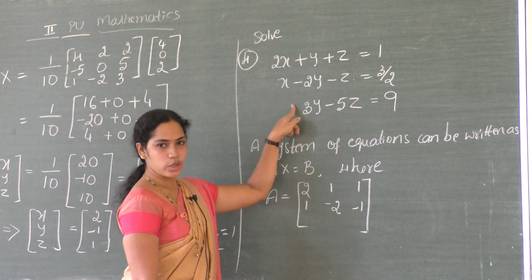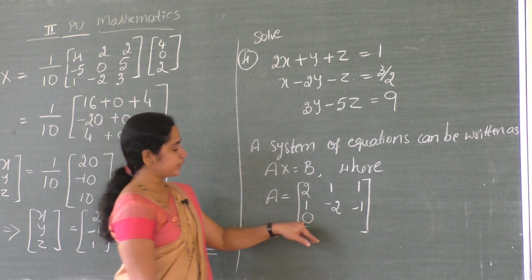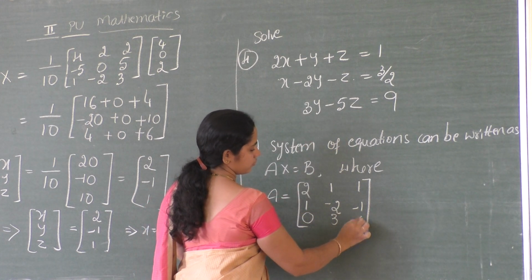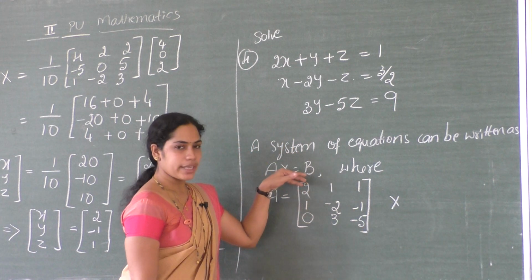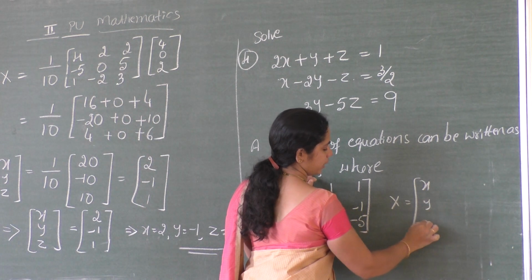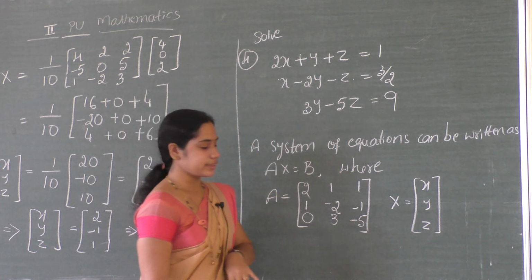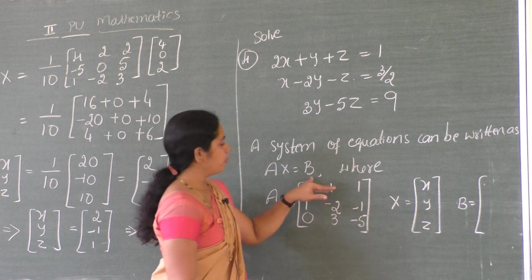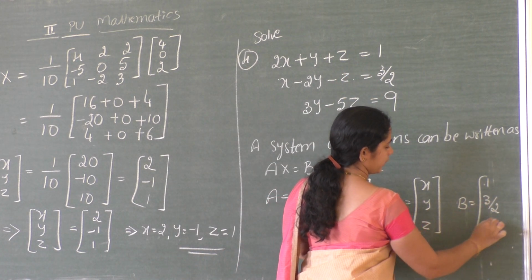Here x is not there. If it is not there, we need to put 0. 0, 3, minus 5. What is x? X is the unknown matrix, that is x, y and z. 3 unknowns here, x, y and z. Next one is b. B here is constants 1, 3 by 2, 9.